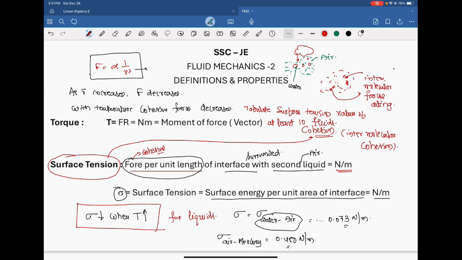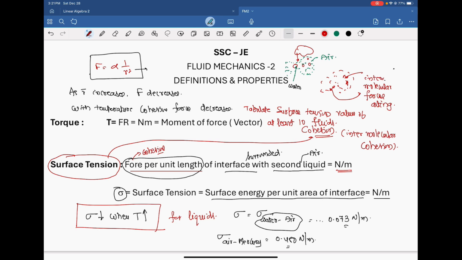They can be either gases or liquids. Like in liquids, water and mercury I have given approximate values. Similarly, you find out. Whatever I have given are at laboratory temperature, 20 degrees centigrade, and with temperature, for liquids, the surface tension reduces when temperature increases.